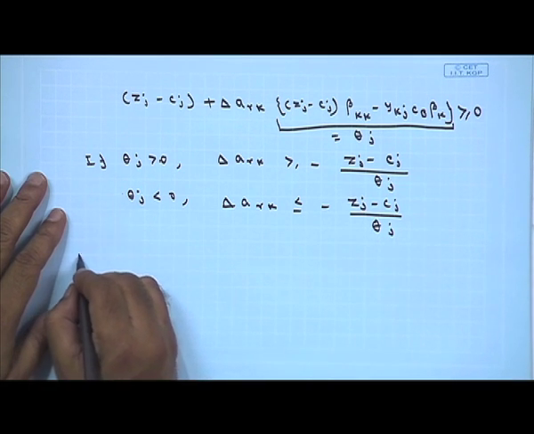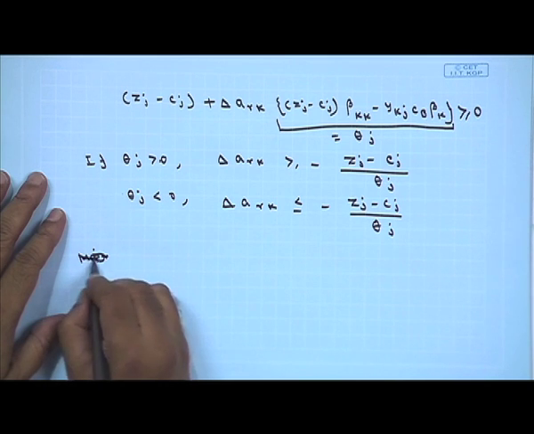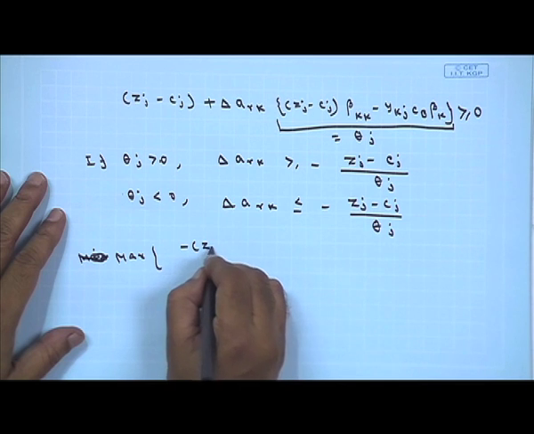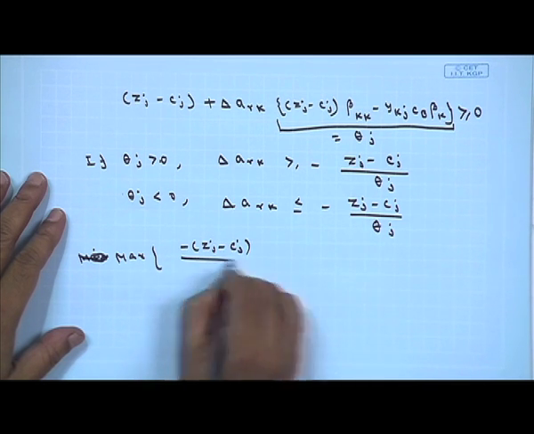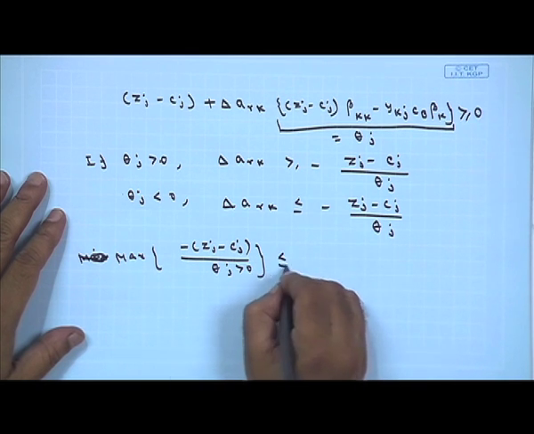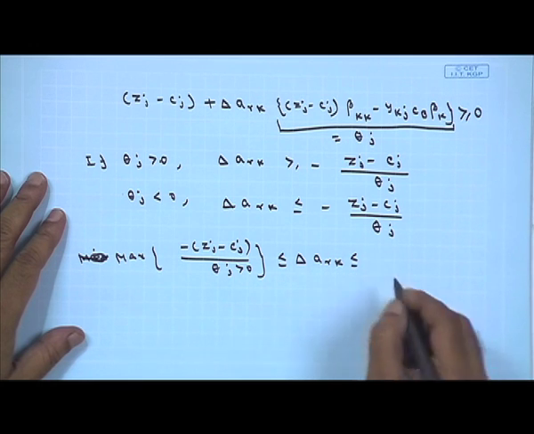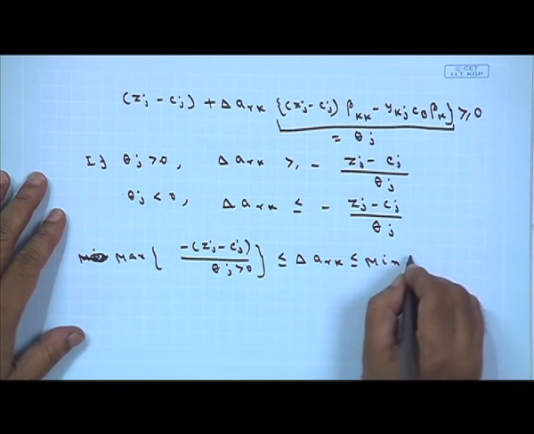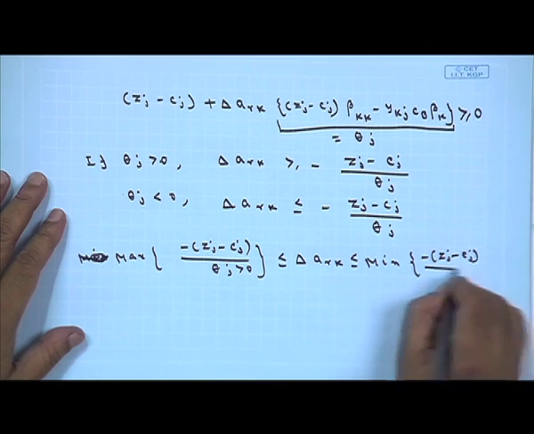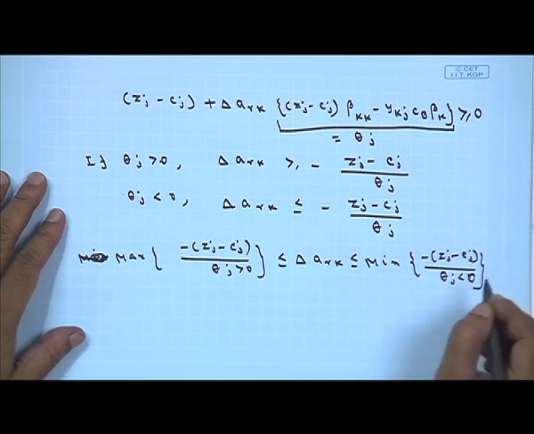If we combine these two, we obtain the maximum of minus (z_j minus c_j) by theta_j, where theta_j is greater than 0, less than or equal to delta a_rk, less than or equal to the minimum of minus (z_j minus c_j) by theta_j, where theta_j has to be less than 0.